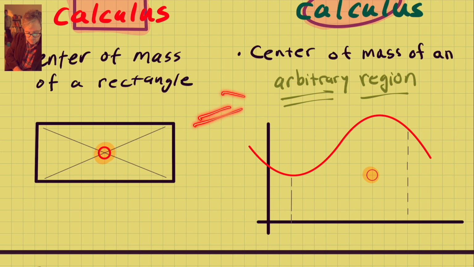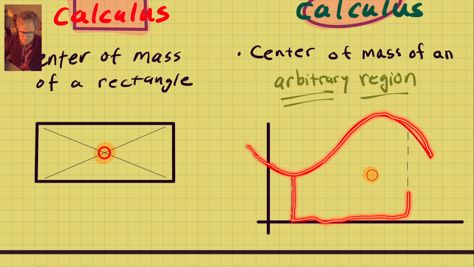Again, in calculus, we gain the ability to identify the center of mass of arbitrary shapes, not just shapes that are well known and simple to understand. So if you give me a function that looks like this, I can identify the center of mass maybe of this kind of a region, right? And I can use calculus to do that.